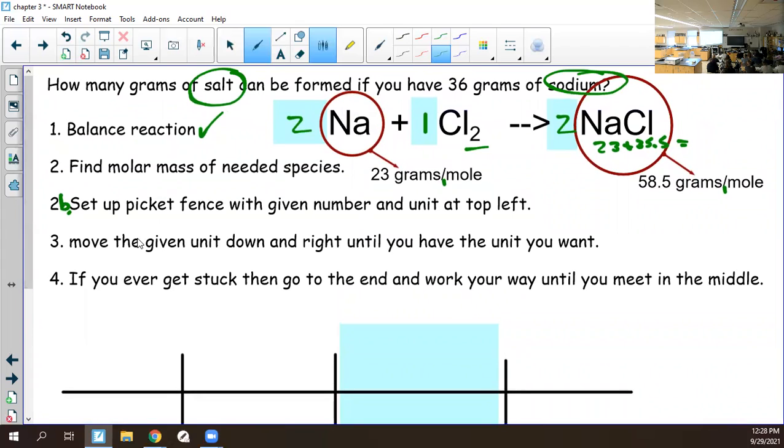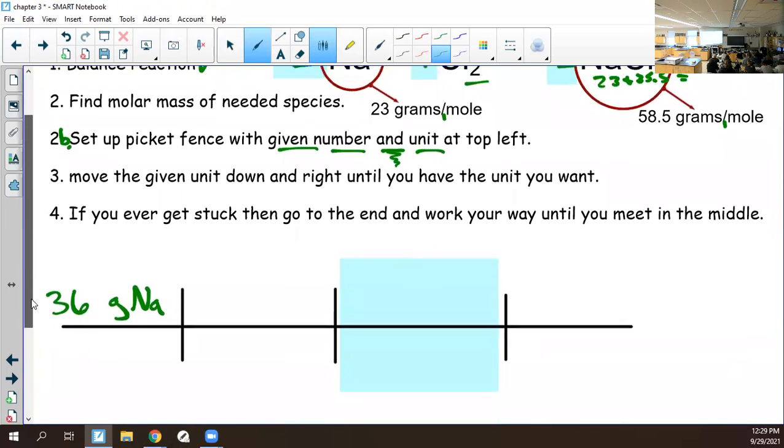Now, it says right here with given number and unit. So in this problem, did it give me a number? 36. It gave me 36. And what was the unit? Grams of Na. Be thorough. If you're not thorough, you're going to really struggle on these. If you just put 36, like, you're already hosed.